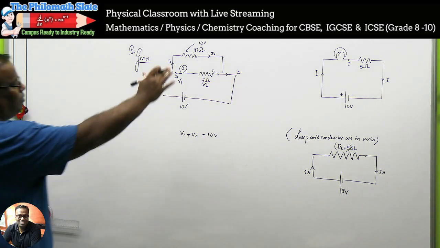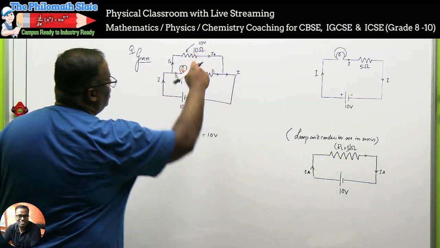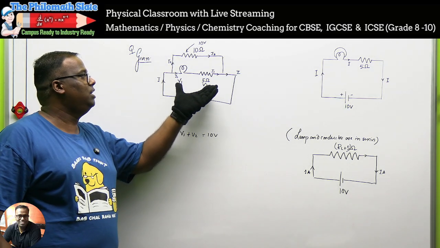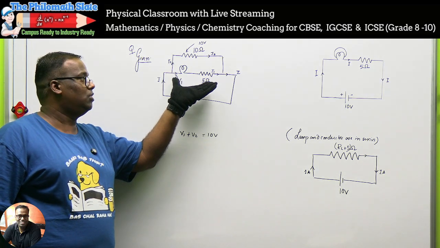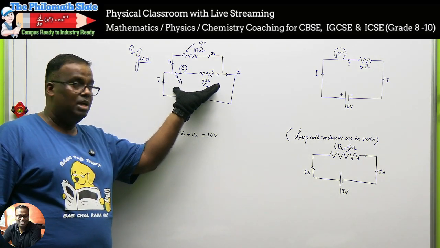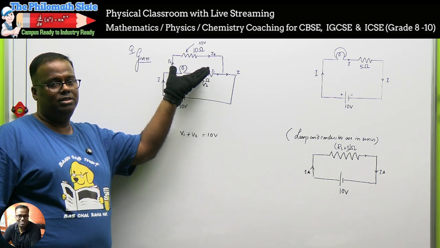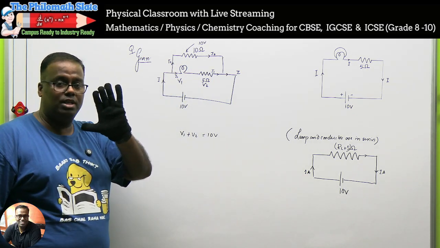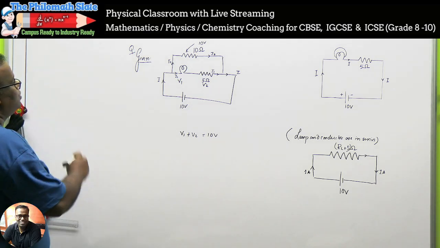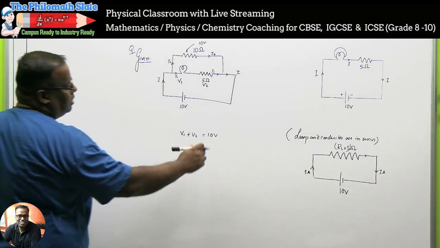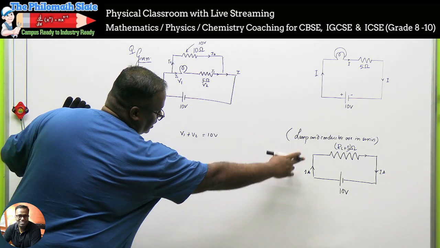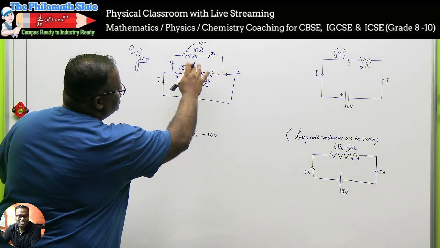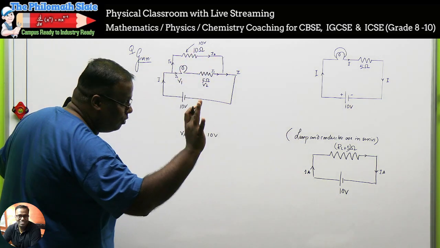Okay, so let's first find out the overall circuit resistance. The overall circuit resistance was 10 ohms. With 10 ohms in parallel with 10 ohm, how much does it become? 5 ohms. Initially the current was 1 ampere and the resistance was 10 ohms.